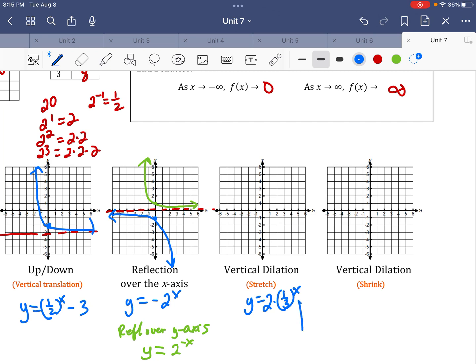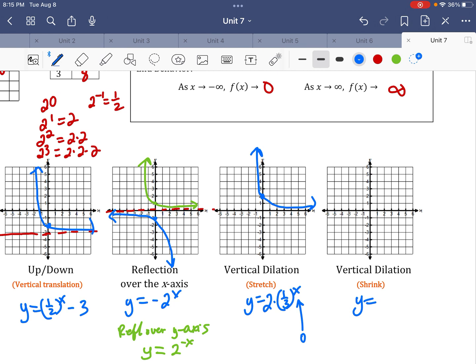So notice that if I plug in 0 right here, I still get 1/3 to the 0, which is 1, and 1 times 2 is 2. So I have this y-intercept. And so notice what used to be 1, but now it's at 2. So everything is just like taller sooner. So it's just going to be a little bit steeper and come through here and then go across.